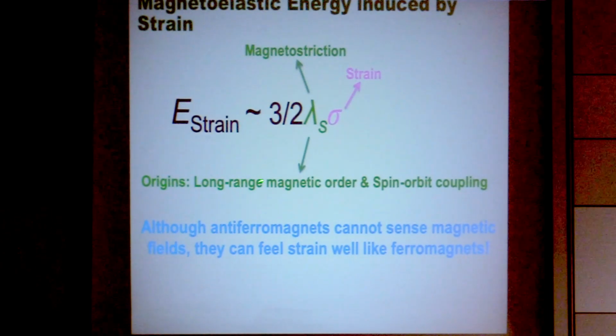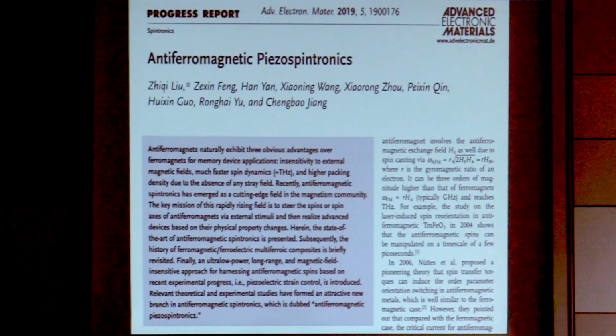The origin of lambda_s is just the long-range magnetic order and the spin-orbit coupling. It's quite similar to the anisotropic magnetoresistance of antiferromagnets. So from this point of view, we can finally say that although antiferromagnets cannot sense magnetic fields, they can feel strain well, like ferromagnets. And finally, we tentatively propose this idea to emphasize that we can use strain to modulate the anisotropy of antiferromagnetic materials, and we call this antiferromagnetic piezospintronics.